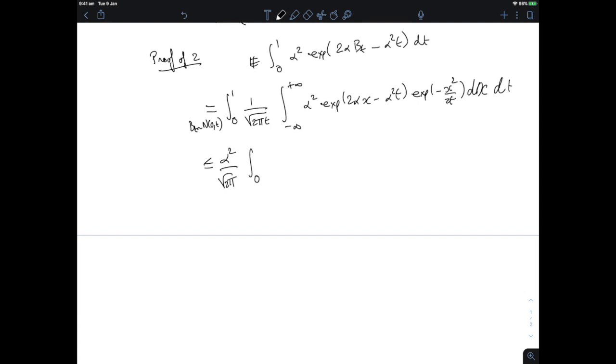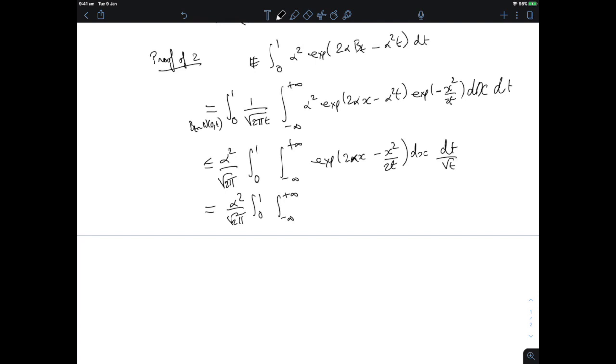And then I have the integral from 0 to 1, the integral from minus infinity to plus infinity of exponential of 2 alpha x minus x squared over 2t dx dt. And in order to compute this integral, what am I going to do? I could complete the square, and I'm just going to complete the square. So this is equal to alpha squared divided by square root of 2 pi, integral from 0 to 1, integral from minus infinity, sorry, I forgot the square root of t here.